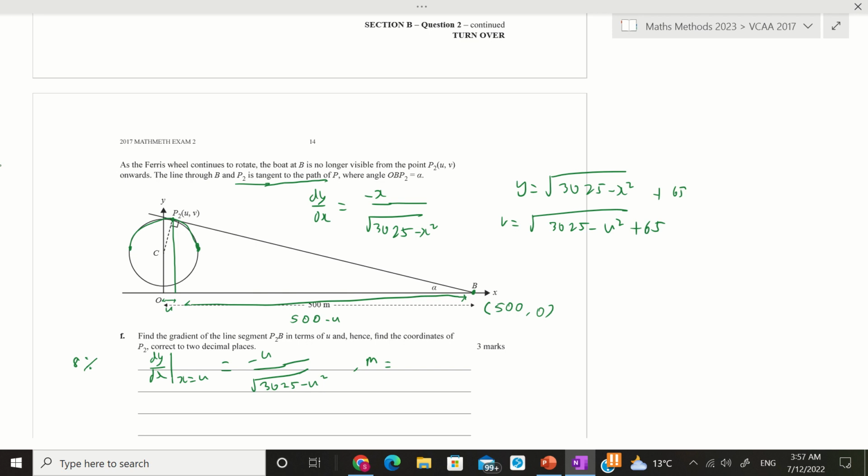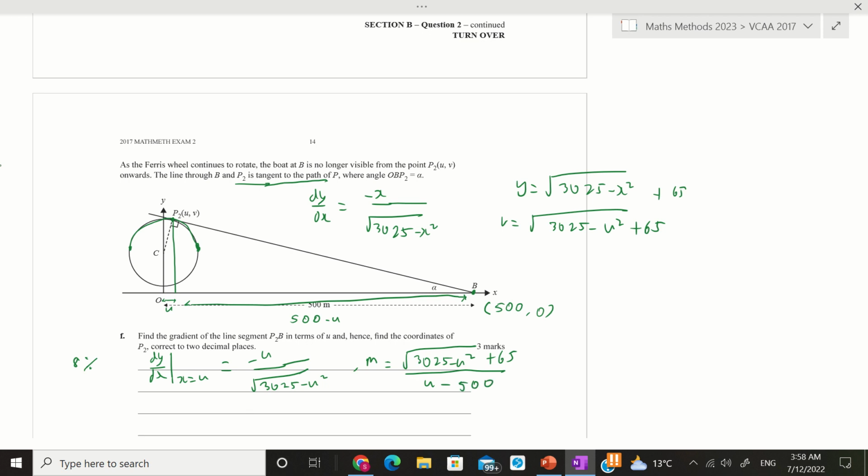If I call this point P2, and call v y2 and 0 y1, then I'm going to get square root of 3025 minus u squared plus 65 minus 0. So that's y2 minus y1 over x2 minus x1, which is u minus 500.